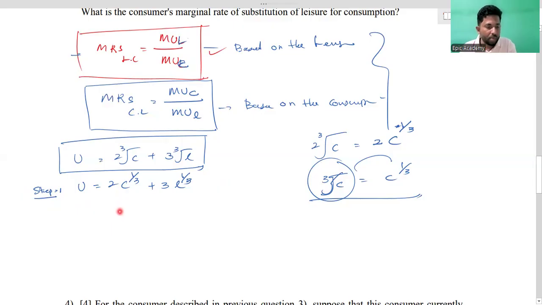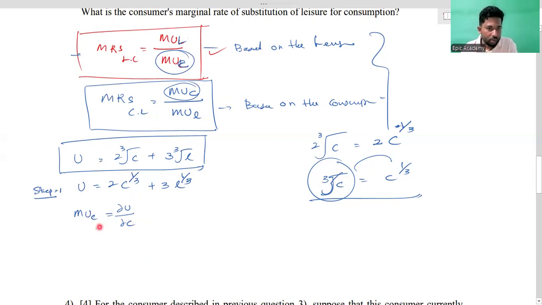Okay. Now I'm going to calculate MUC to understand this one. That means the entire utility curve must be differentiated with respect to the z value.